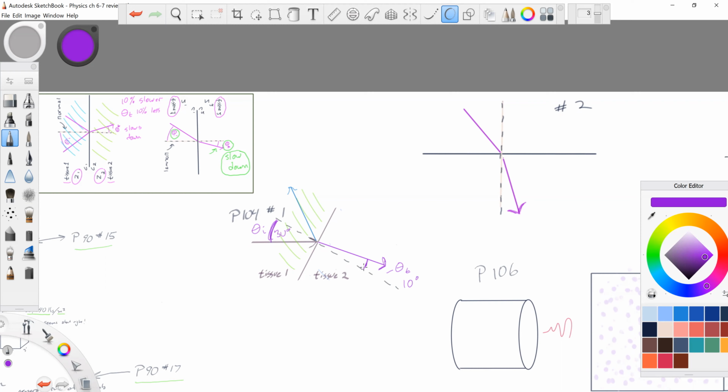Did it speed up or slow down? It seems to have slowed down. So it looks like C1 is greater than C2. The difference between speeds, okay, let's see. Answers: given only this information, we can say nothing about the speed of sound. Yeah, and I didn't.